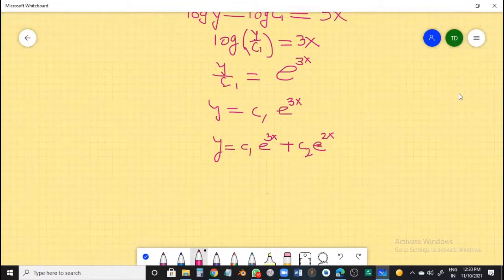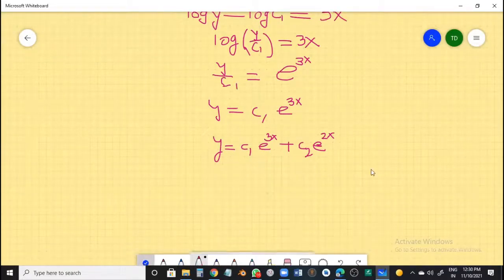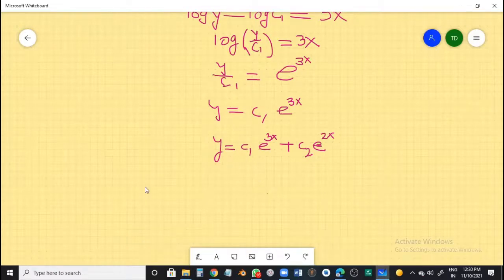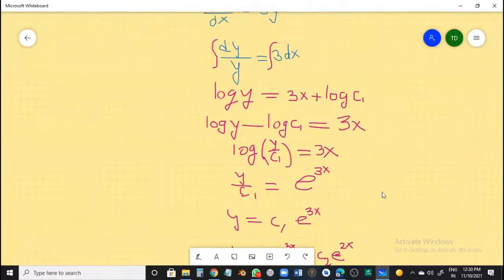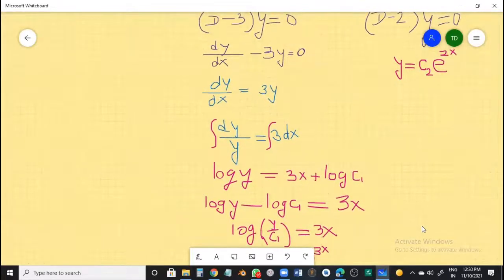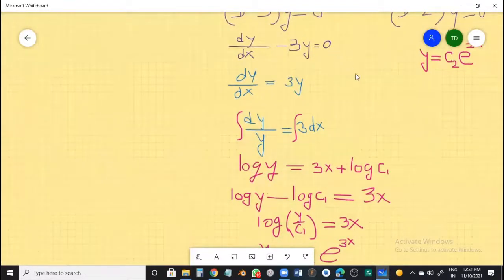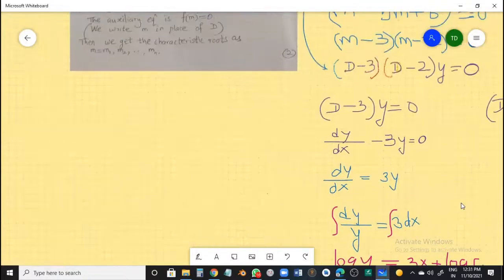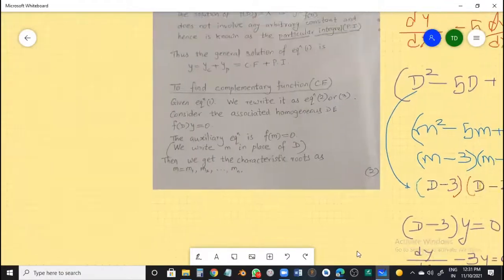Already you have practiced this. You have enough practice of finding out the complementary function, how it comes, why we are writing so, that I have explained you just now. Is this okay? This is the reason behind it. Now let us try to get the explanation here.